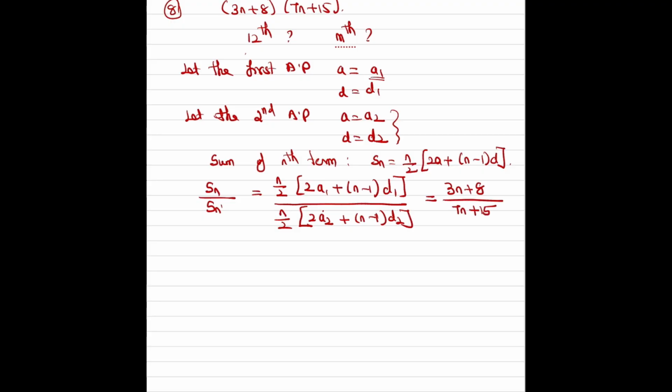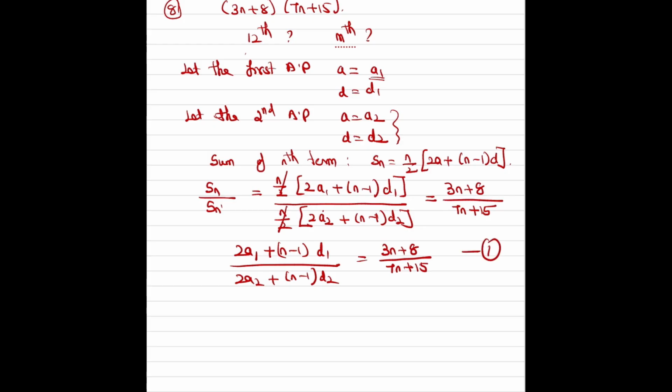This is given. Now I'll cancel n by 2 on both sides. What is left? 2a1 plus n minus 1 into d1 by 2a2 plus n minus 1 into d2 equals 3n plus 8 by 7n plus 15. I'll keep this as equation 1.